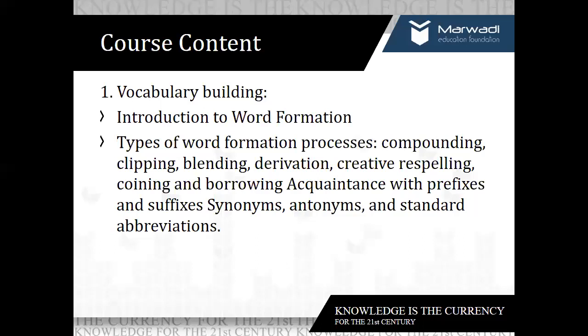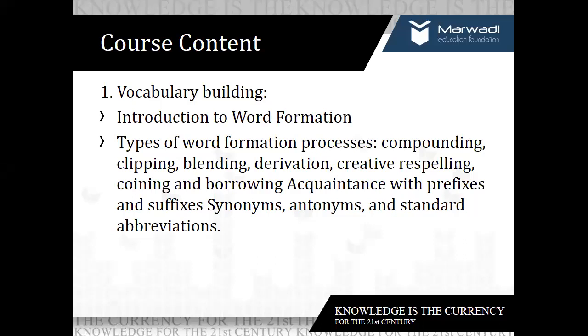Types of word formation processes: what do you mean by compounding words, clipping words, blending, derivations, creative respelling, coining and borrowing, acquaintance with prefix and suffix, synonyms, antonyms, and standard abbreviations. So these are different ways with which one can learn about words.